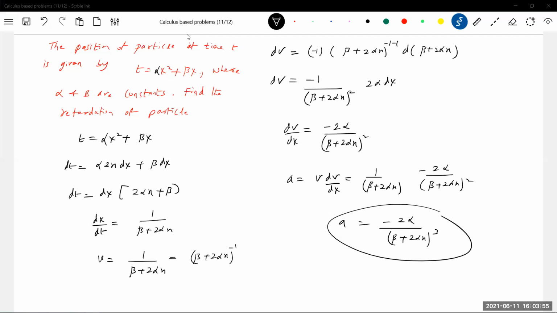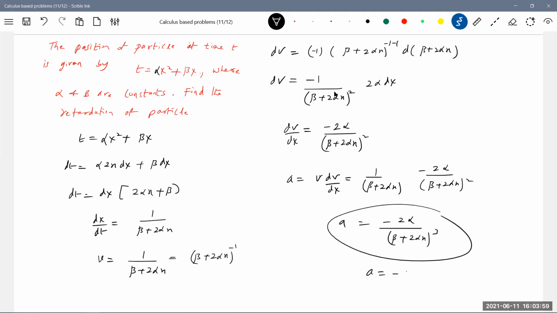Now beta plus 2 alpha x is equal to 1 by v, no? So finally, this will become minus 2 alpha b cube.